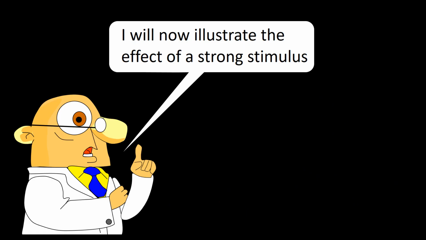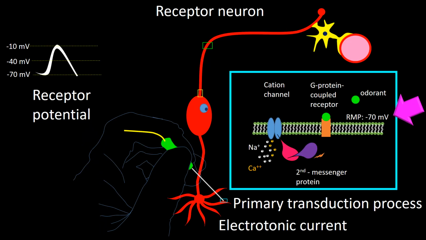I will now illustrate the result of a strong stimulus. As you can see here, the resting membrane potential is minus 70 millivolts, in this case following a large receptor potential. I will remove the needle from the cilia to emphasize that electrotonic current is not recorded by it.